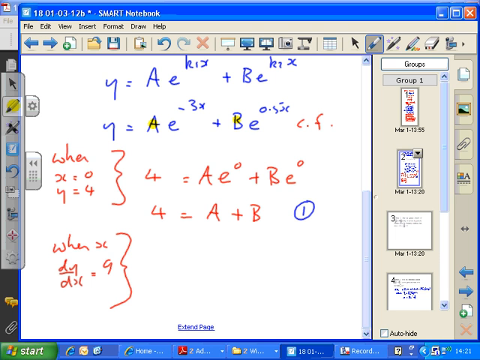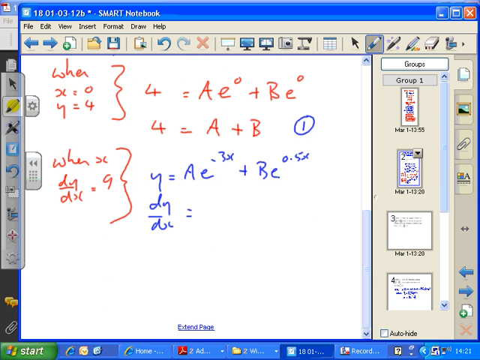So we've got to take our general solution, y = Ae^(−3x) + Be^(0.5x), and differentiate it to get dy/dx, then substitute 9 for that differential when x = 0.